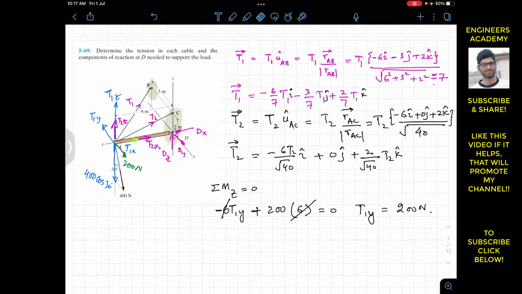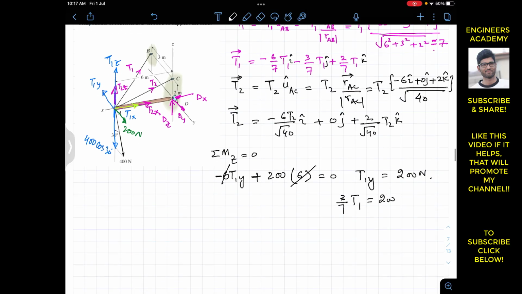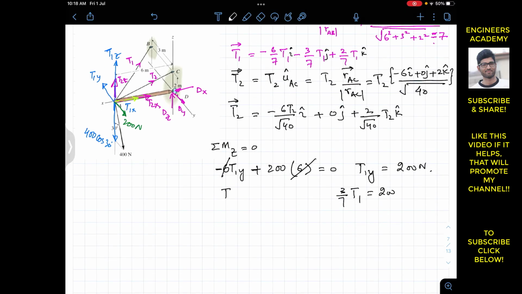the y component of T1 is equal to minus the magnitude of the y component of T1, which is 3 divided by 7 T1. This minus sign tells us the direction. So now from this equation we can write that 3 divided by 7 T1 equals 200. And similarly from this we can write that T1 is 200 into 7 divided by 3.